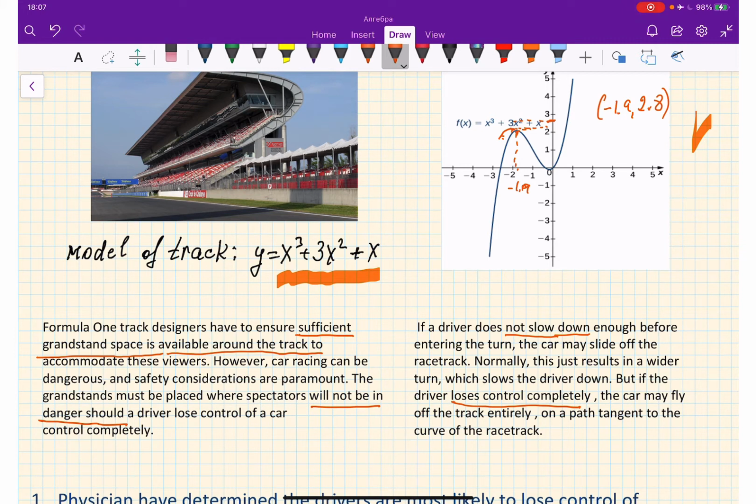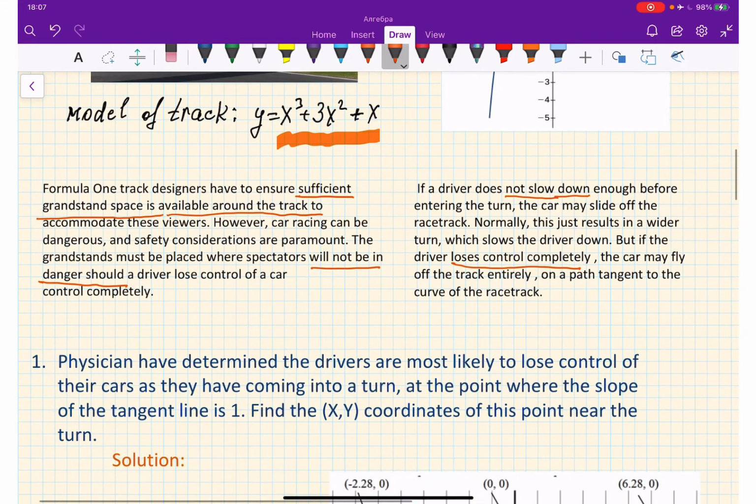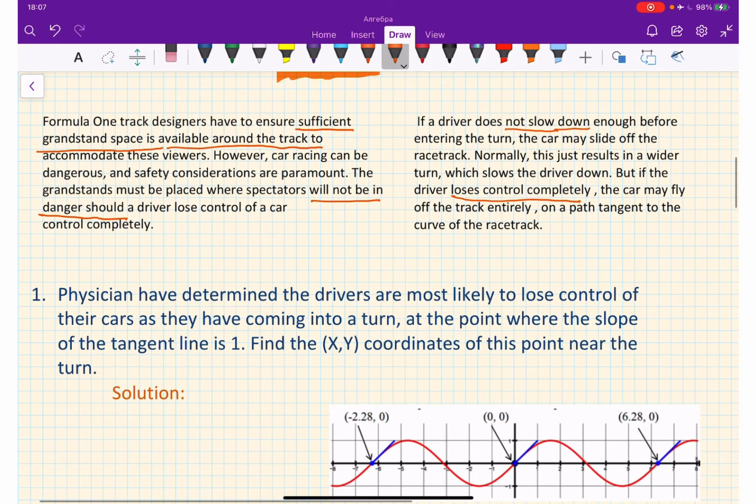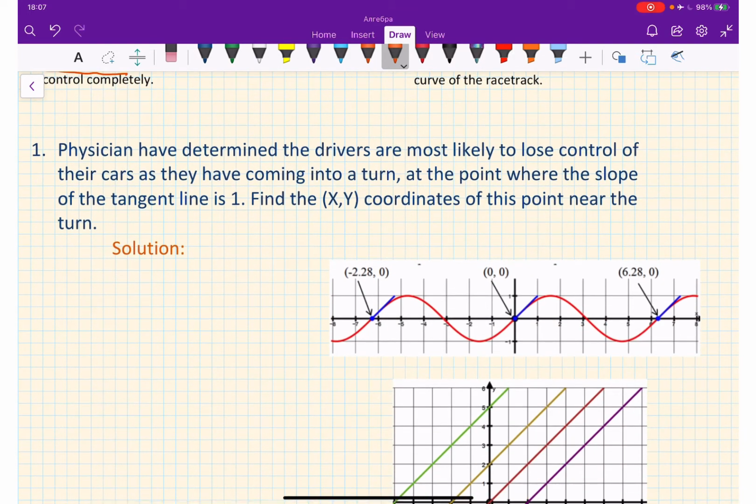Okay. So before I move on, I would like to explain some basic differences. Let me read question number 1.